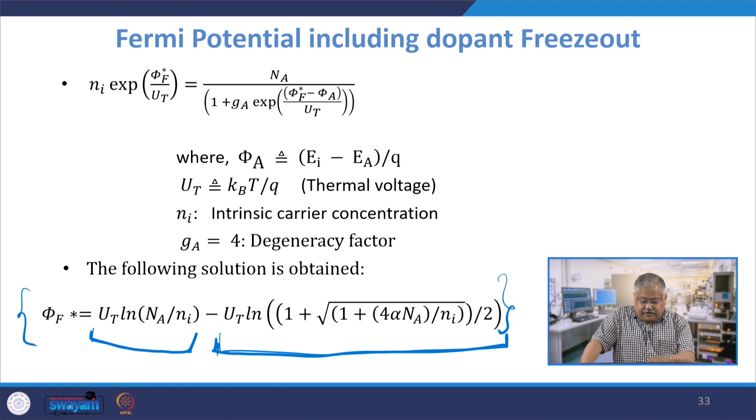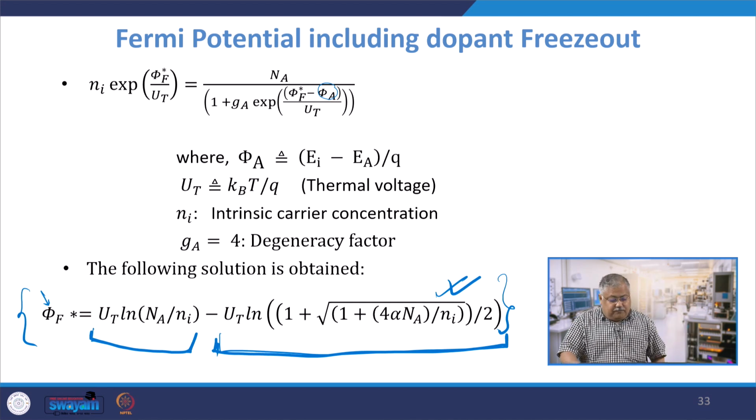Phi A, this quantity, is the intrinsic level minus the acceptor level divided by q, so this was in terms of energy and this is in terms of voltage. We take the degeneracy factor Ga to be approximately equal to 4, and all these are fed into the expression below to get the fresh value of phi f star.